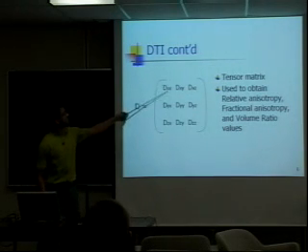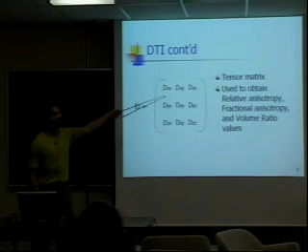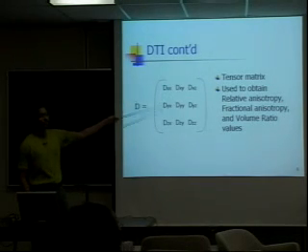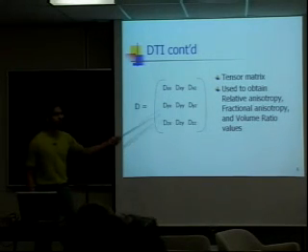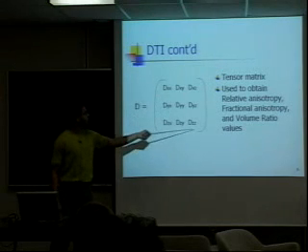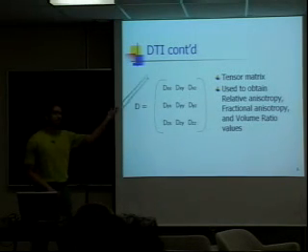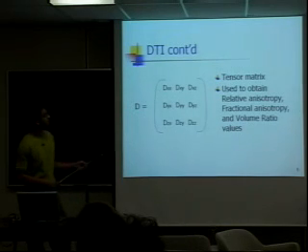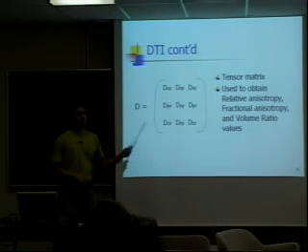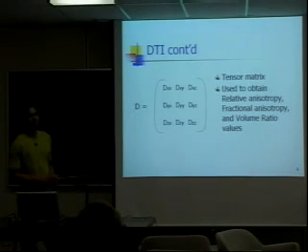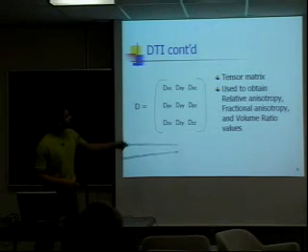The dxx is basically the gradient that you obtain in the x plane, y is in the y plane, z in the z plane, xz is at 45 degrees to the x and z planes, and so on. This tensor matrix is what's important in DTI. This is the entire purpose of this imaging process.